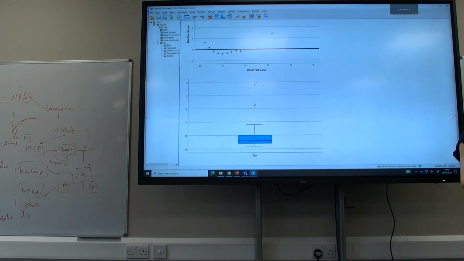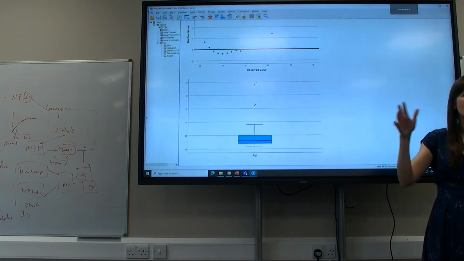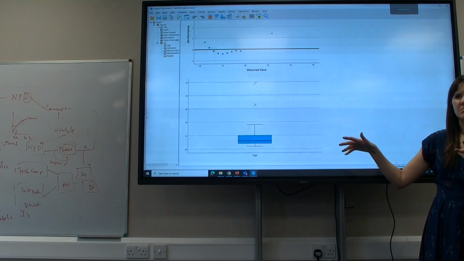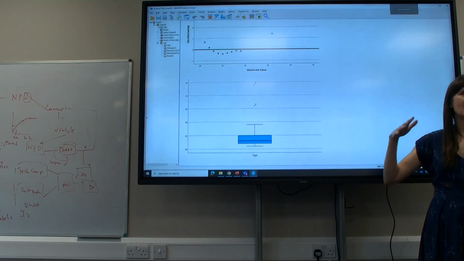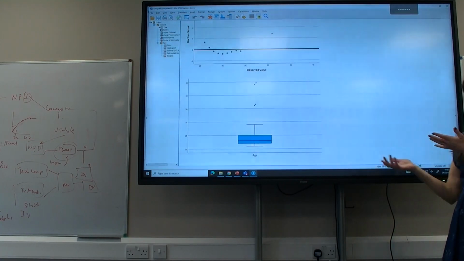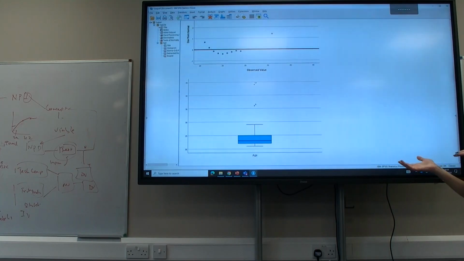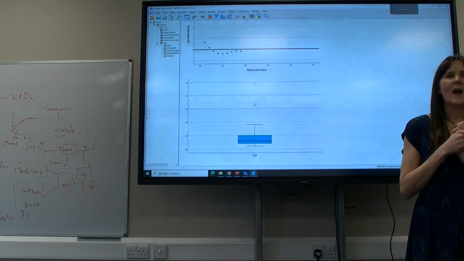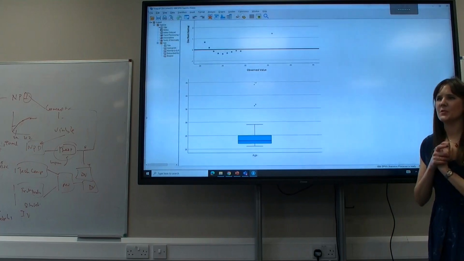So we now need to decide what to do with those outliers. You will pretty much always get this with a student sample, because the majority of students are in their early to mid-20s, but you'll have a string of older students in the sample. So this isn't unusual for the sample that we've got, but we need to decide what to do with them.